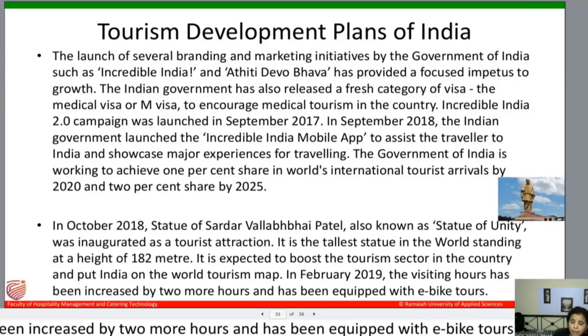The Incredible India campaign is highly appreciated, as it has been revised and done on a yearly basis. There is also the medical tourism facility announced, the M-Visa, and the Incredible India mobile app, which gives a good experience to travelers. So these are some achievements.